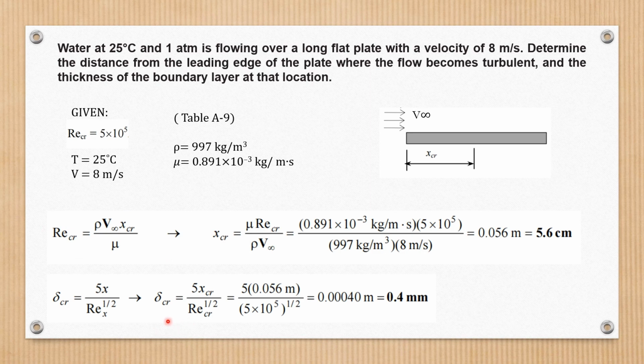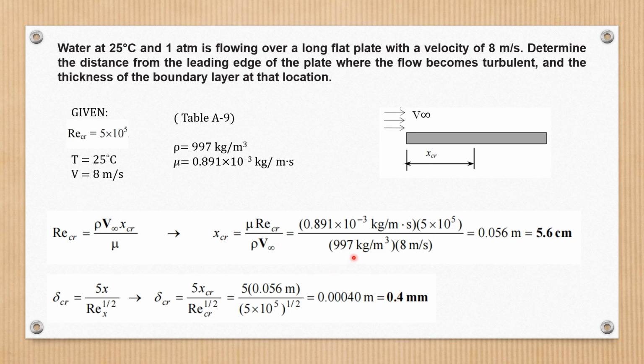The delta at the critical point is equal to 5 times the distance at the critical point over the Reynolds number at the critical point raised to 1/2. Just substitute all the given values and plug it in your calculator and we will get 0.00040 meter. So we're going to convert it into millimeter and we will get 0.4 millimeter.